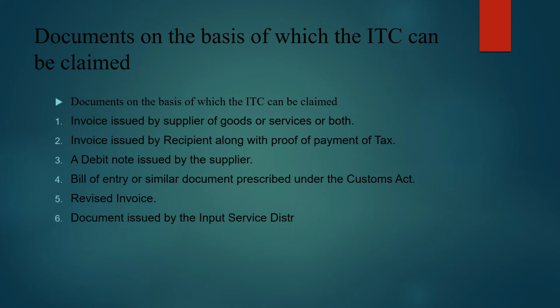Debit note, a debit note issued by a supplier registered under this Act. Bill of lading, bill of entry or similar documents prescribed under the Customs Act. Revised invoice, document issued by input service distributor.